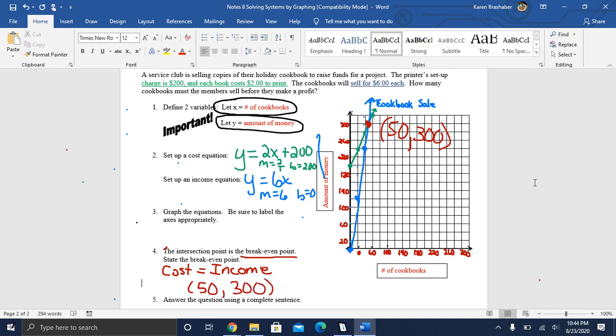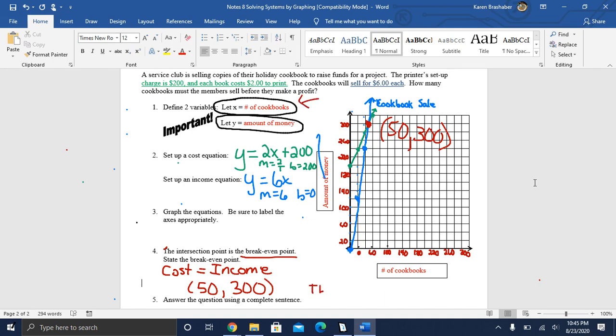And then we are going to interpret what that means. This is what you're going to need to be able to do for your homework: the interpretation. So the 50 represents the X, which is the number of cookbooks.